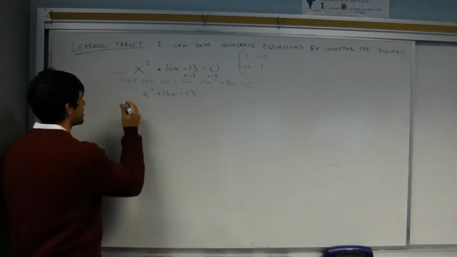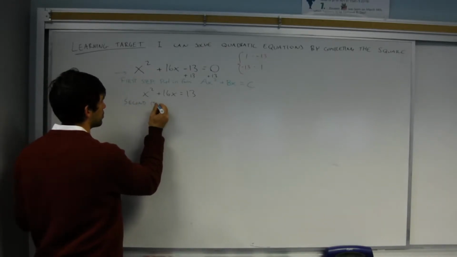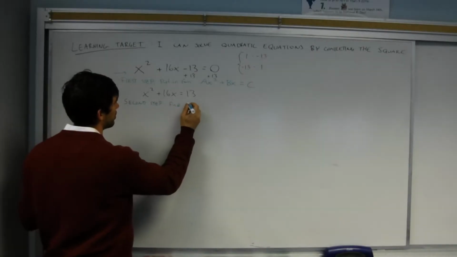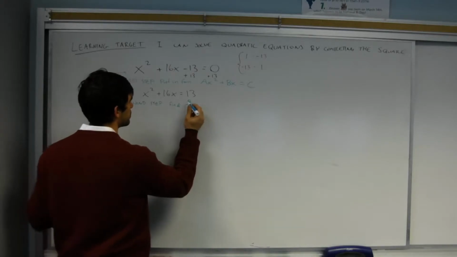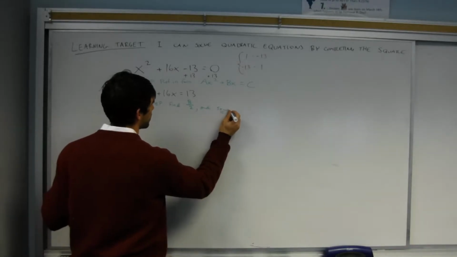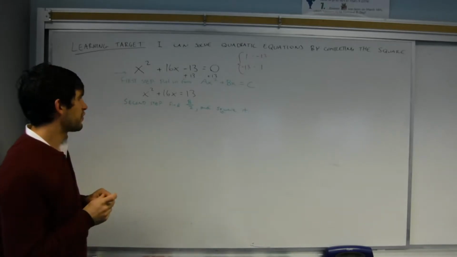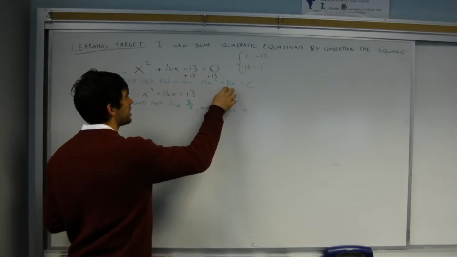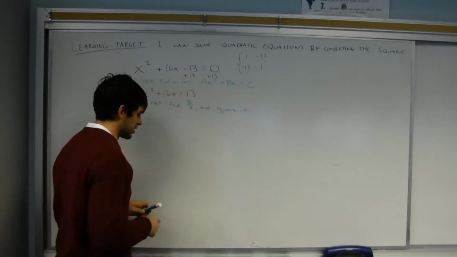Then our second step would be find b divided by 2 and square it. In standard form and in our new form, b is going to be the coefficient of the x to the first power term.